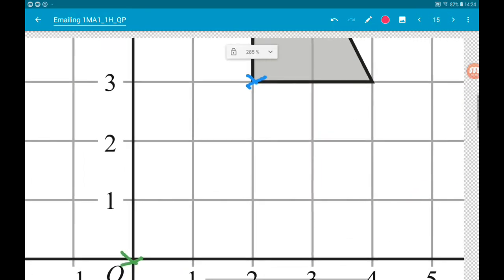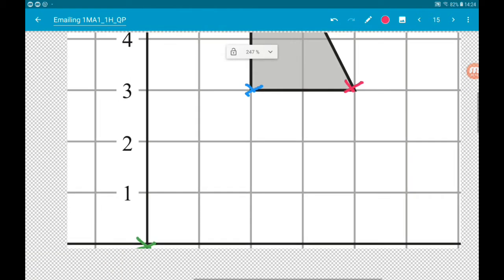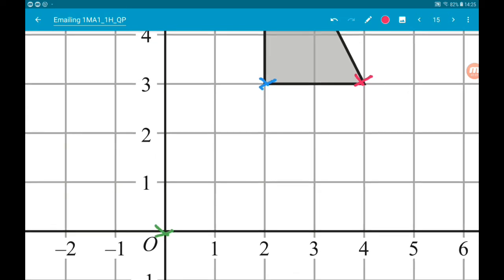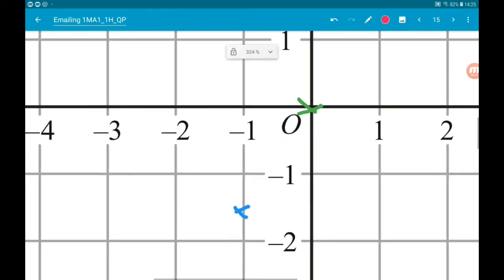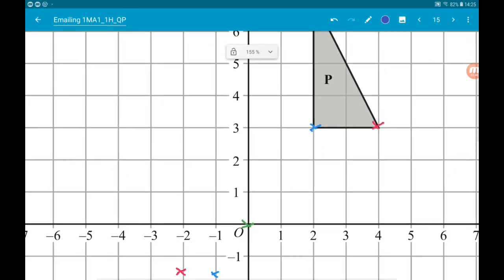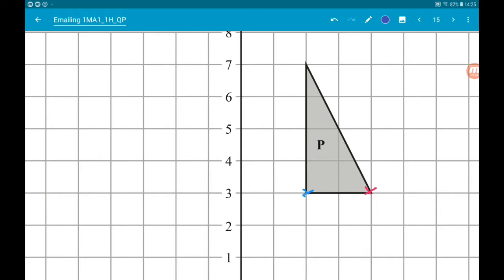Now let's do this point. Now this guy is 4 right and 3 up. So it's going to be 2 left and 1.5 down. So that's going to be there. And then the last guy, so he's 2 across, 2 right and 7 up.